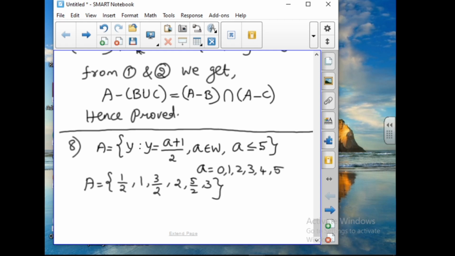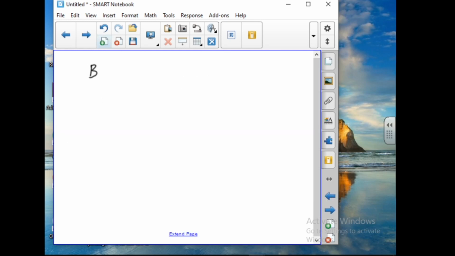Then the second one. B is equal to Y such that Y is equal to (2n minus 1) by 2, n belongs to W, and n less than 5.